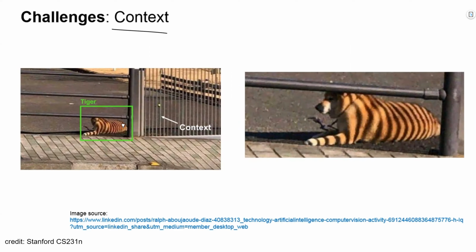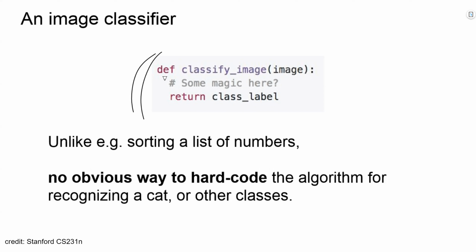And what we want to develop here is an image classifier, and you can view this as designing a function that receives an image, and by analyzing this image in some way, you want to return the correct class label.